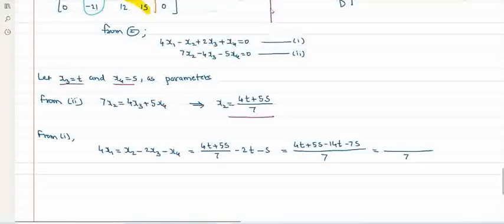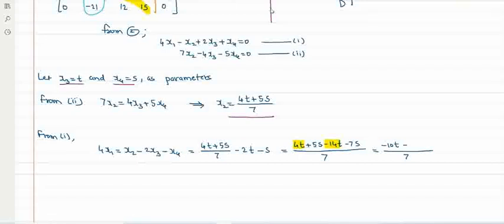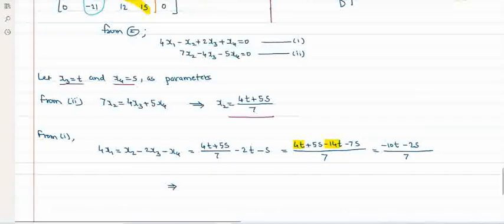If we collect the t terms, 4t and minus 14t, the value is minus 10t. Similarly, 5s and minus 7s gives minus 2s. This is the value for 4x1, but I want to find x1.